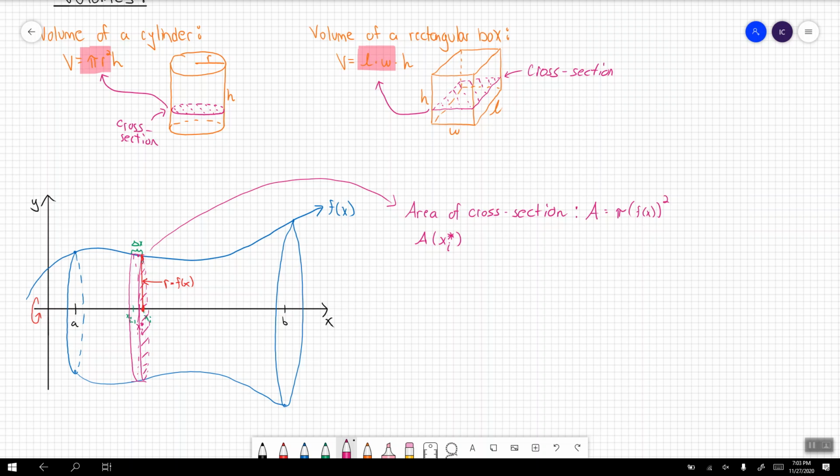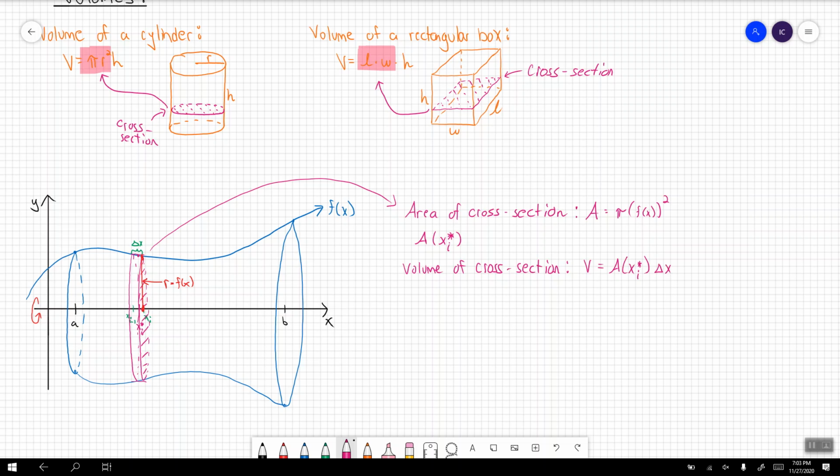But if we want to find the volume of the cross-section, because we're creating that small hockey puck, then that volume will be equal to the area of the cross-section that we looked at, at x sub i star, multiplied by the height of that cylindrical figure, which will be delta x.